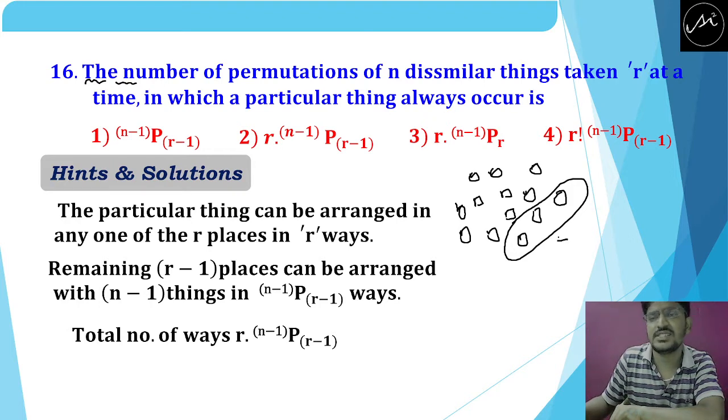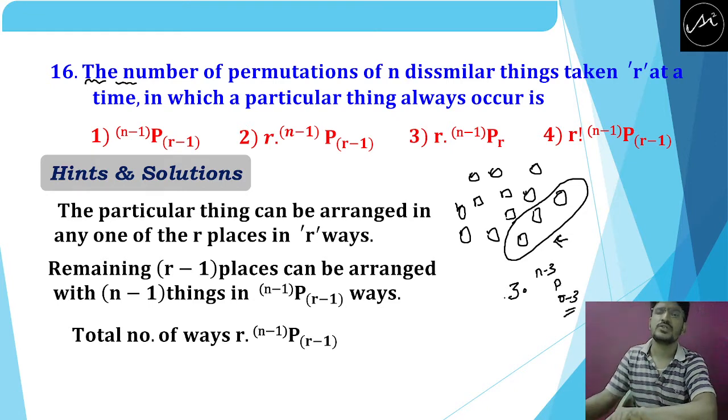This means these three objects have to always occur. So these three objects can be arranged in three ways. Clear? So this 3 is multiplied with the remaining things, that is (n-3)P(r-3).